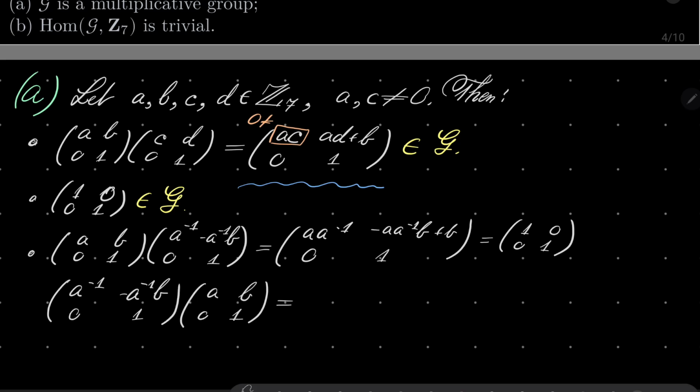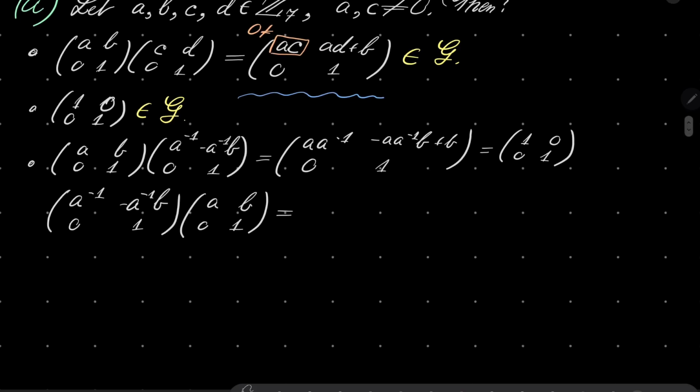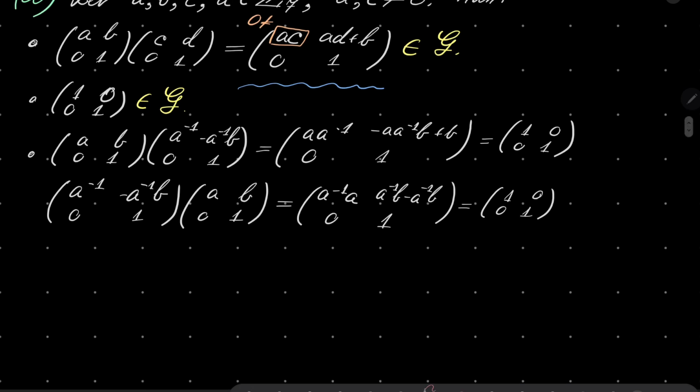Well, obviously we will get the identity, but let's convince ourselves. It's A inverse times A, then we have 1, and here we have A inverse B minus A inverse B. Again, the identity matrix. Which means that our structure is a group. So G with matrix multiplication is a group.